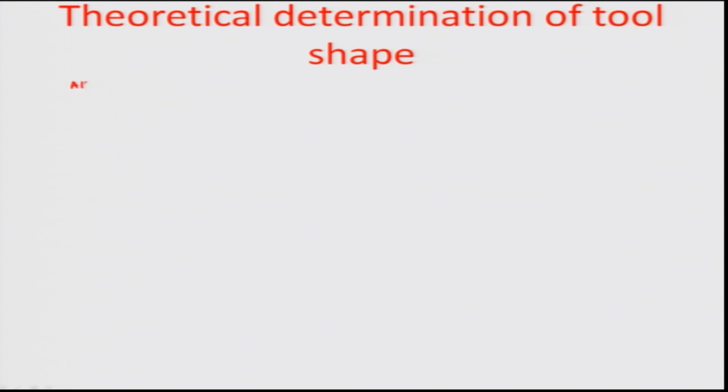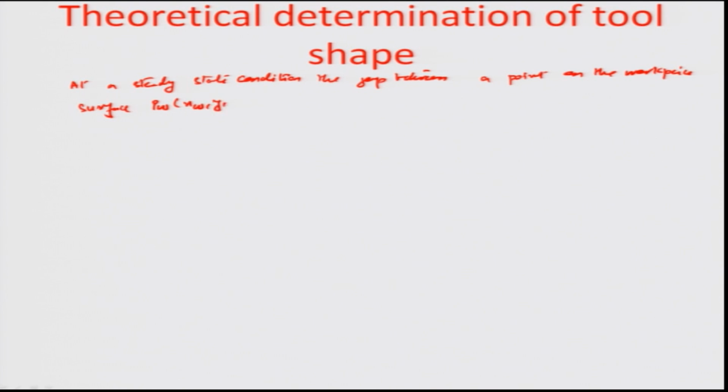So, here at a steady state condition, the gap between a point on the workpiece surface P w given by x w, y w and the corresponding point on the tool surface P t given by x t, y t would be given by P w P t equal to the equilibrium gap G e.